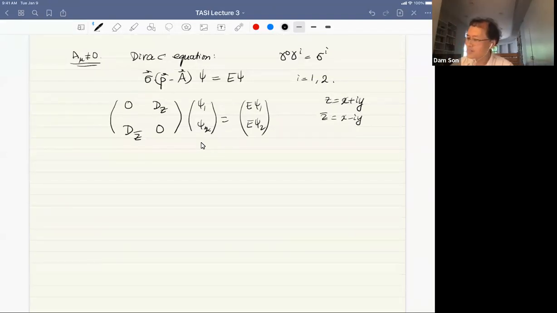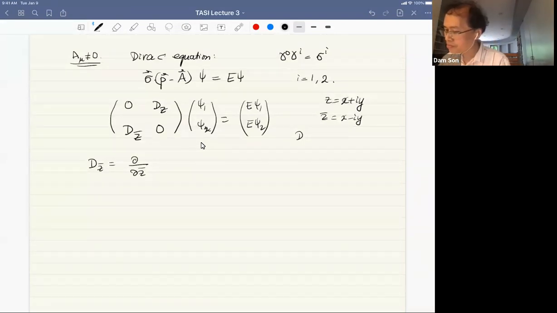And D_z bar is something like d over dz bar. There might be an i here because p is i times derivative.